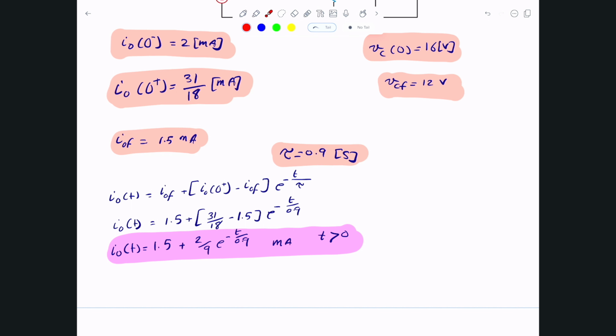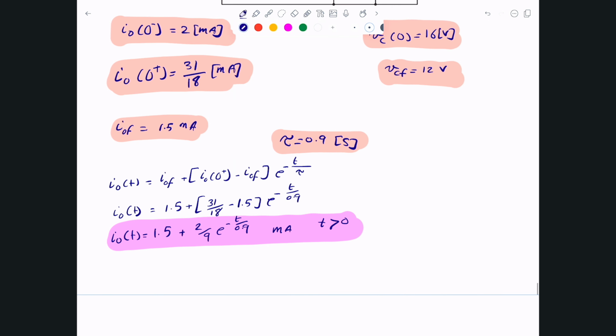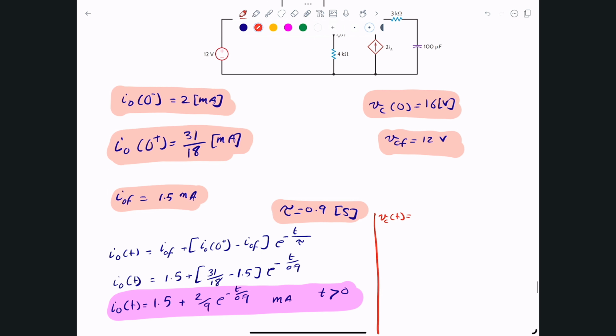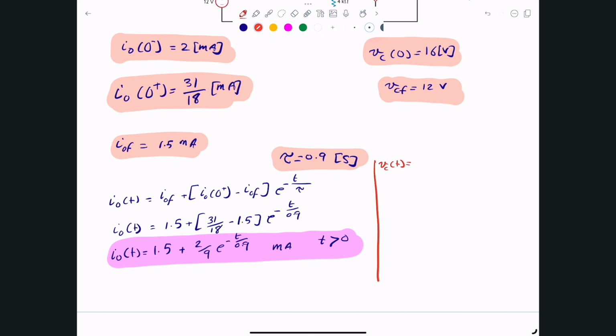All right, so we can do the same type of thing for the VC. Now we utilize these values in here. VC of t, the voltage across that capacitor, is simply the following. It will be VC final plus VC evaluated at 0 minus VC final, times e to the negative t divided by tau, which happened to be 0.9.